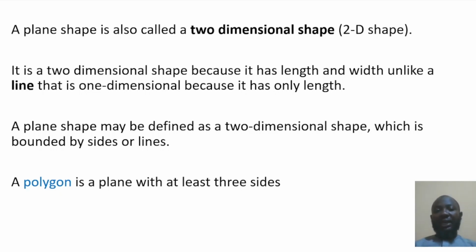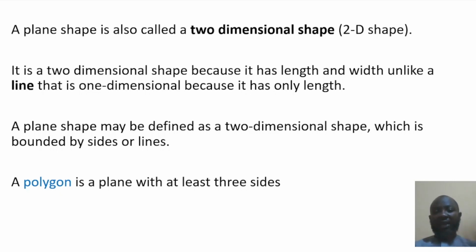Just like a line is just one dimension, which only has length, while a plane shape has a breadth and a length. So that's what makes a two-dimensional shape different from a one-dimensional shape, which is a line.